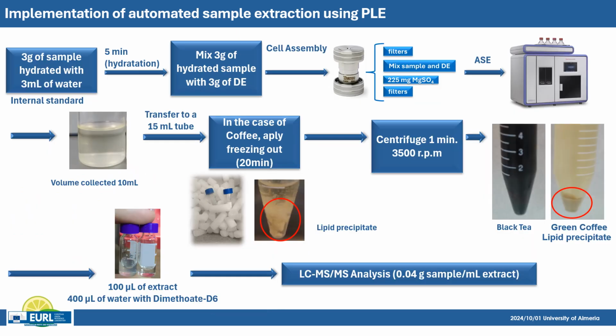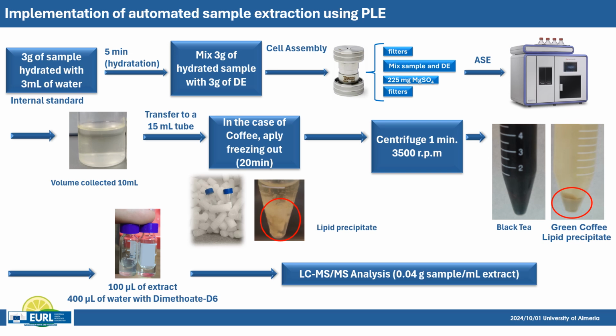Once the extraction is complete, the collected 10 milliliter extract is transferred to a 15 milliliter Falcon tube. In the case of coffee, a freezing-out step is applied to precipitate the lipid content. Subsequently, the extract is centrifuged and injection vials are prepared as shown above.